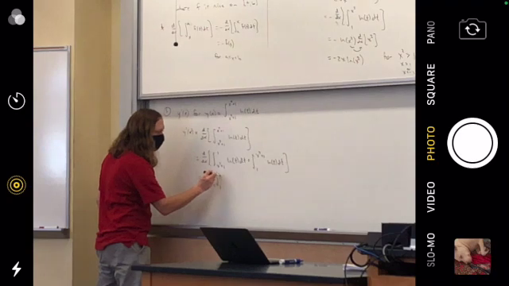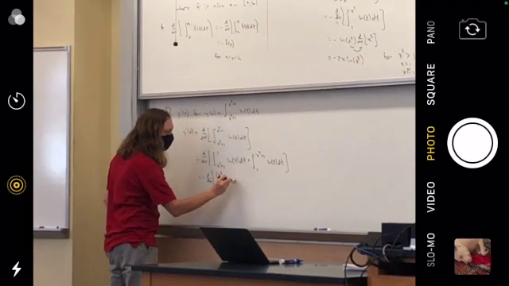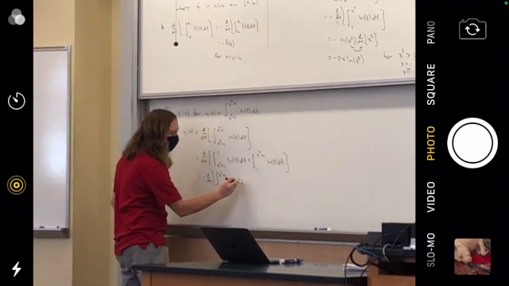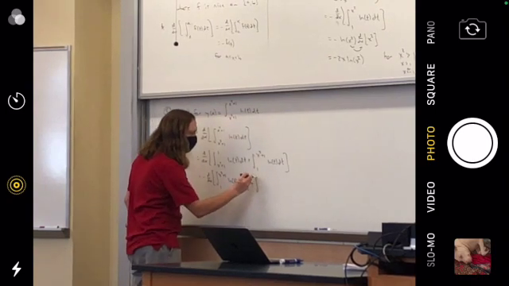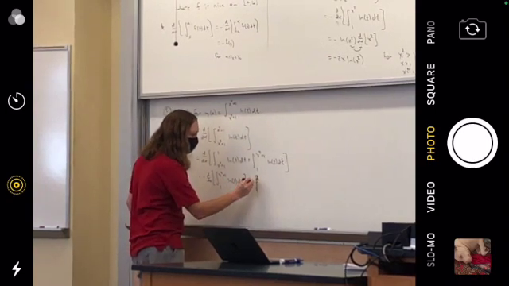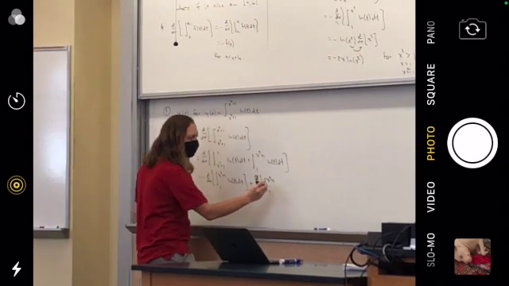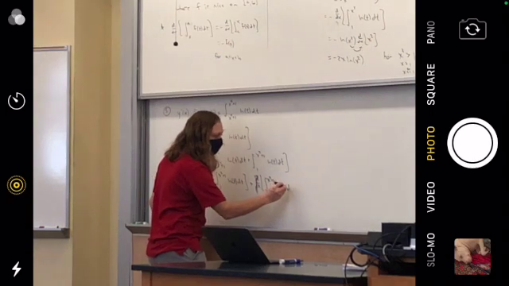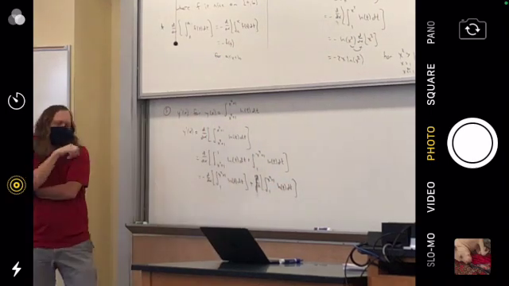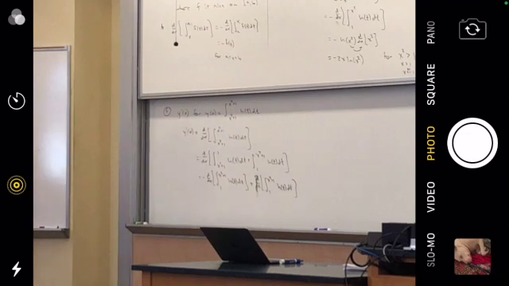I can integrate from 1 to x squared plus 1, with a negative sign out here. And then I could add the integral from 1 to x to the 4th plus 1 of natural log of t dt. Why did I pick 1? You always want that lower limit to be a true lower bound, right? X squared plus 1 is always greater than or equal to 1.